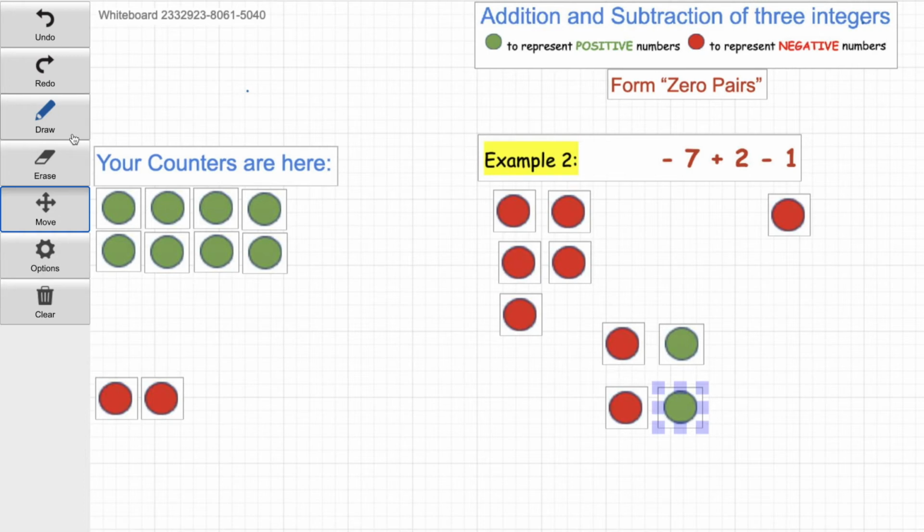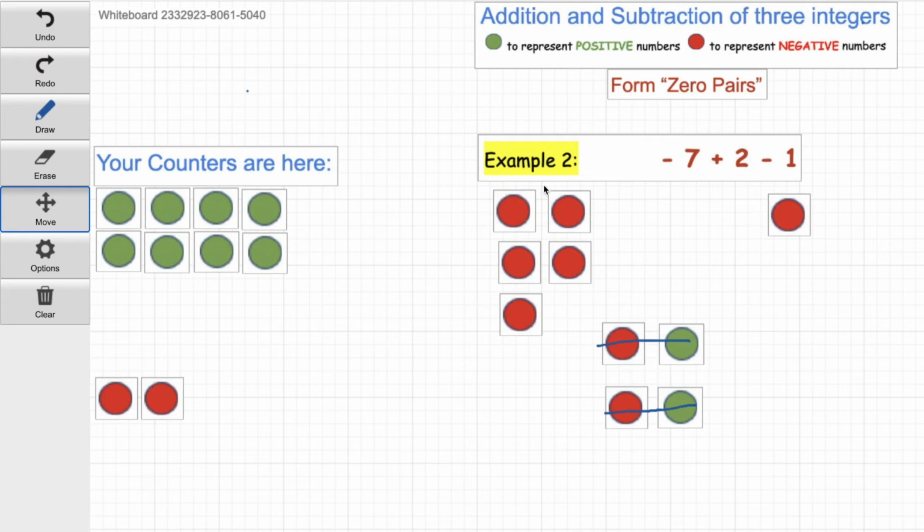Now when we pair them, the one red is going to cancel the green, and the one red is going to cancel the green there again. So we are left with five red counters. So the 5 red counters here represent what? Very good. The 5 red counters represent -5. And here we have one red counter which represents, very good, -1.